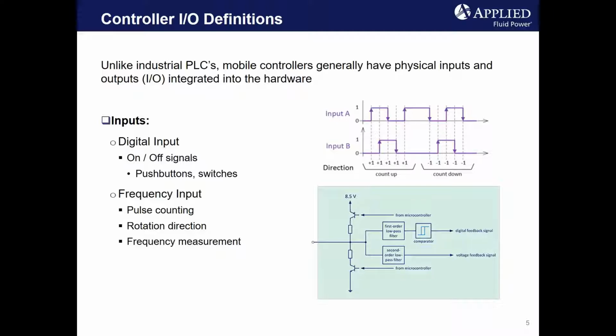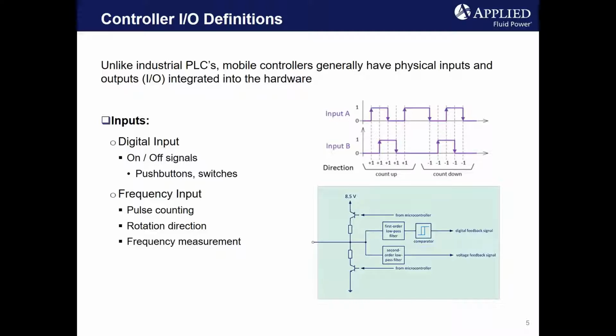Pulse counting can be used in parallel to frequency measurement for total distance or position control. And direction may be necessary for a bidirectional function, such as a ground drive. The graph at the right shows a representation of rotation direction or direction reading.